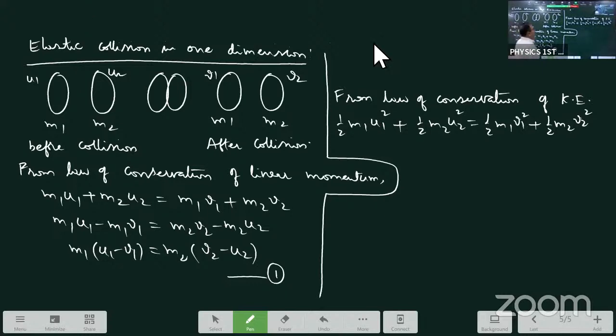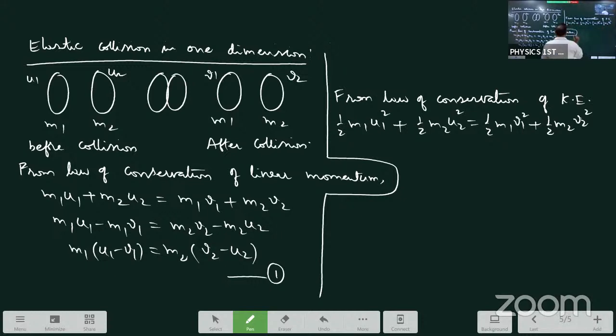Okay, now see this law of conservation of kinetic energy. Before collision, total kinetic energy is equal to total kinetic energy after collision. That is, first body kinetic energy half m1 u1 square, second body kinetic energy half m2 u2 square. After collision, first body kinetic energy half m1 v1 square, and second body kinetic energy half m2 v2 square.